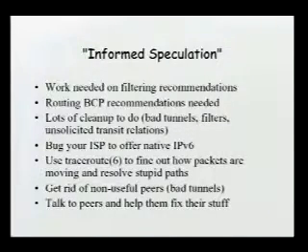So what needs to be done? Work needs to be done on filtering recommendations, and it seems like this group probably has a lot of that information from before. There's also a group doing an IPv6 minimum peering policy, and I have a reference to that, and I'd encourage people to get involved because there's some differences, and people are trying to put that down so that there are recommendations.